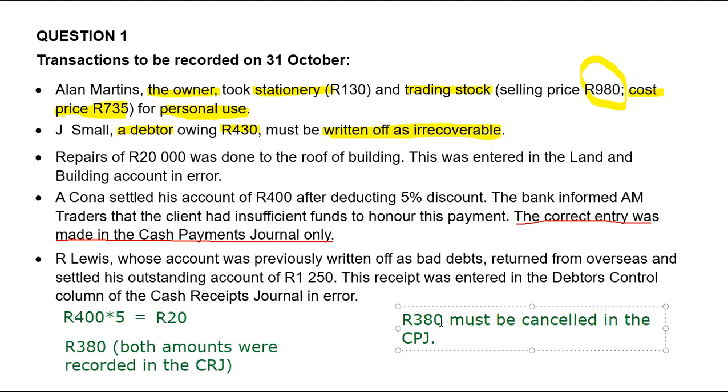Yet we only reversed 380 when the payment was dishonored, when the payment was not received. We are saying this person is owing us 380, and that is wrong because we haven't taken into account this 20 rand. So we need to increase what this person is owing us by that 20 rand.